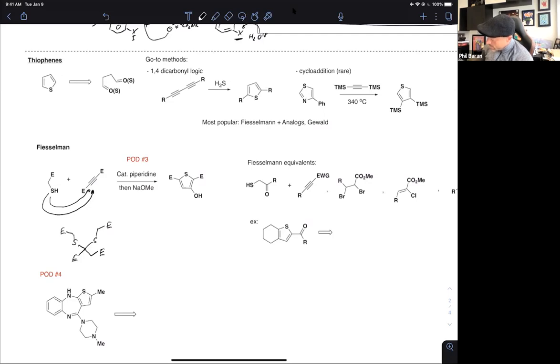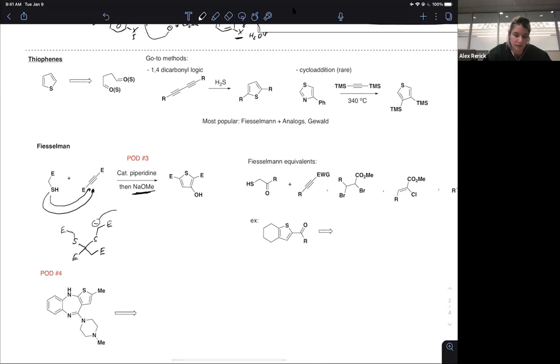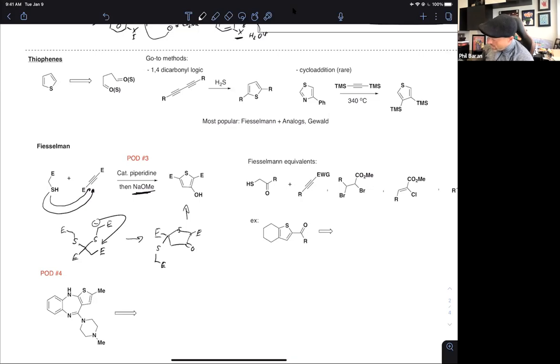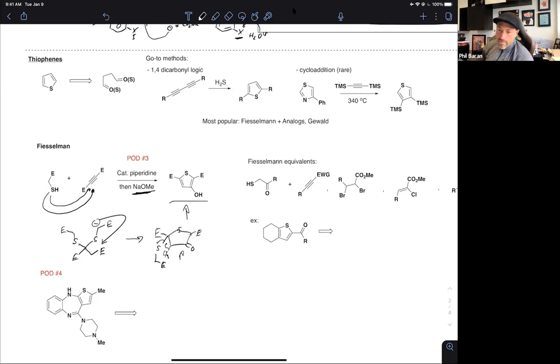Under basic conditions, you'll have deprotonation alpha to the sulfur. And that will add into one of your carbons, the furthest one. And that will get your 5-membered ring, and then a couple of eliminations will get you over to your product. Perfect. So this is in the right oxidation state here, and all we need to do is lose one of these equivalents, and we get to the nice thiophene product.